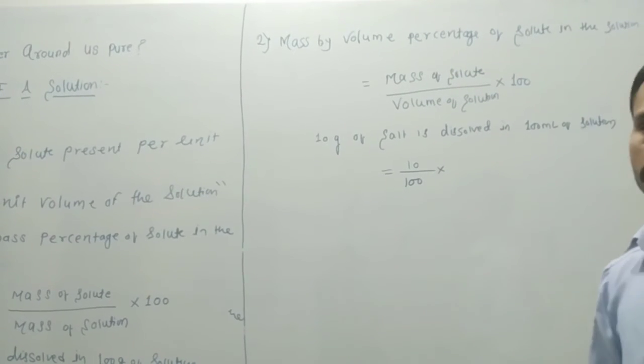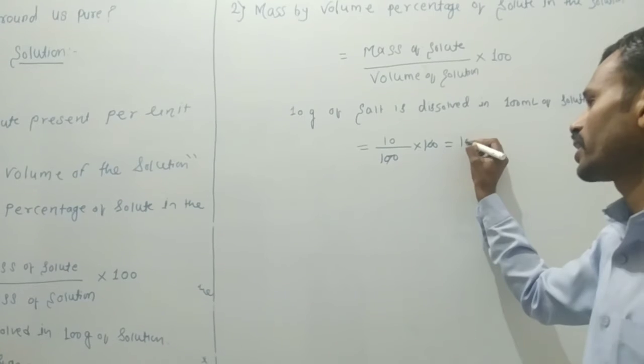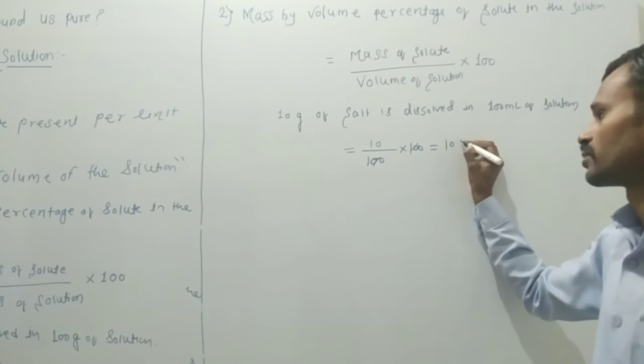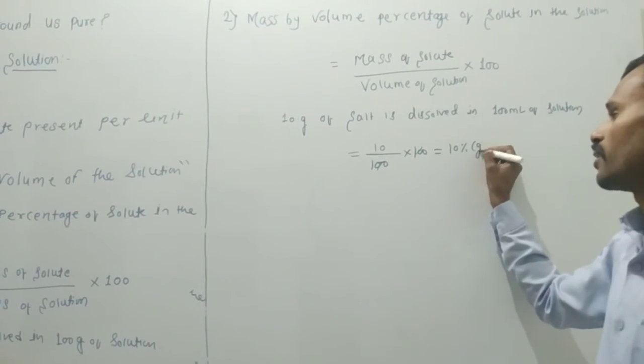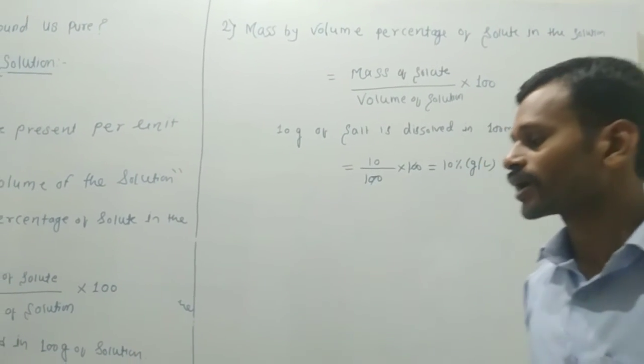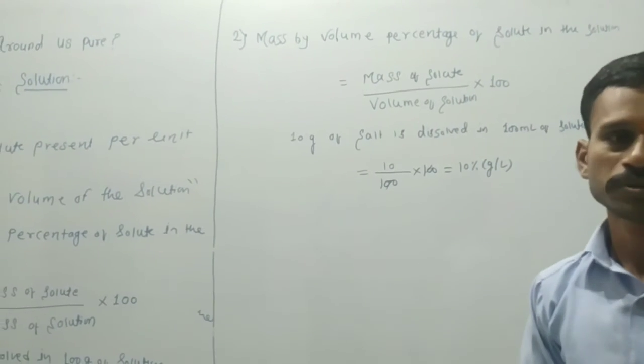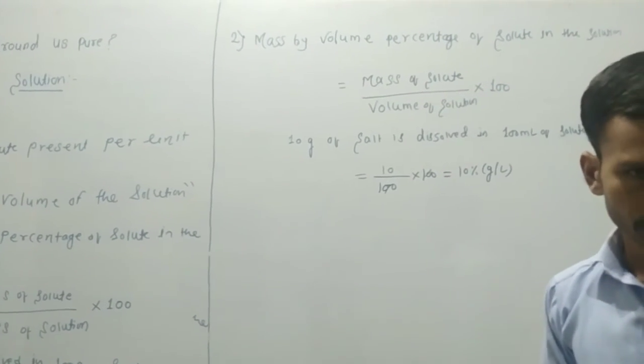Percentage means multiplied by 100. So it is 10% gram per liter. In this way we can find the mass by volume percentage of solute in the solution.